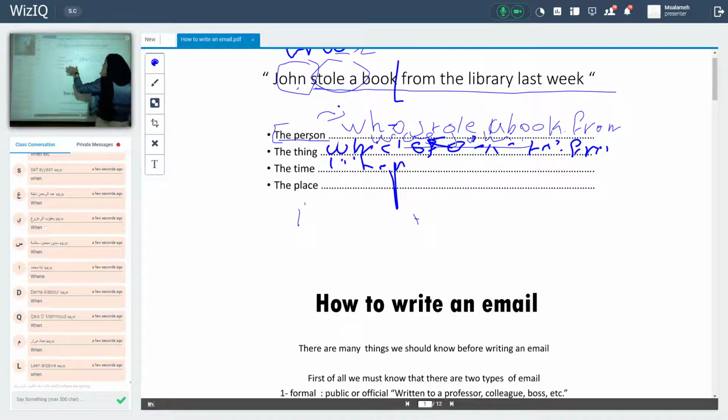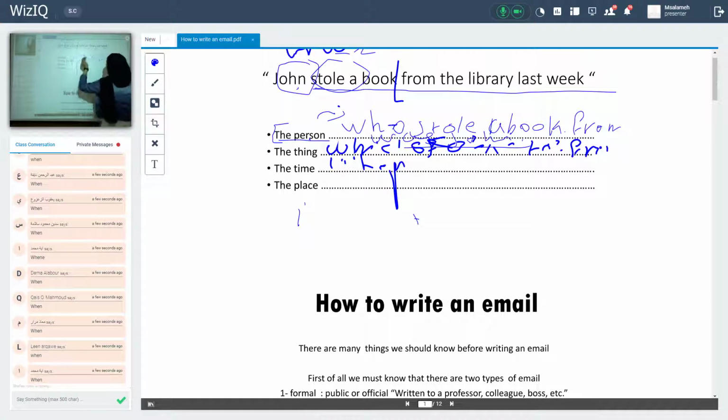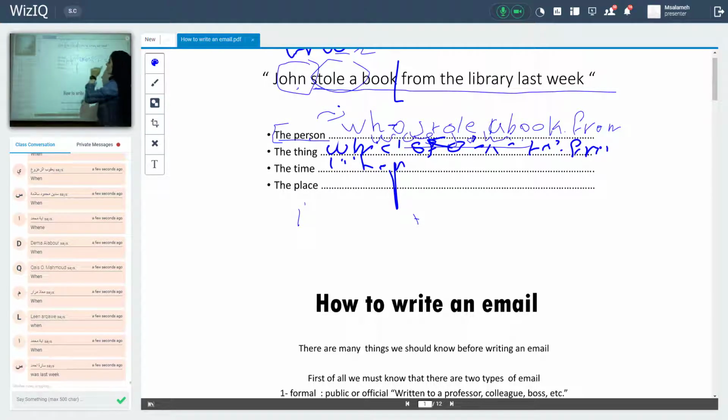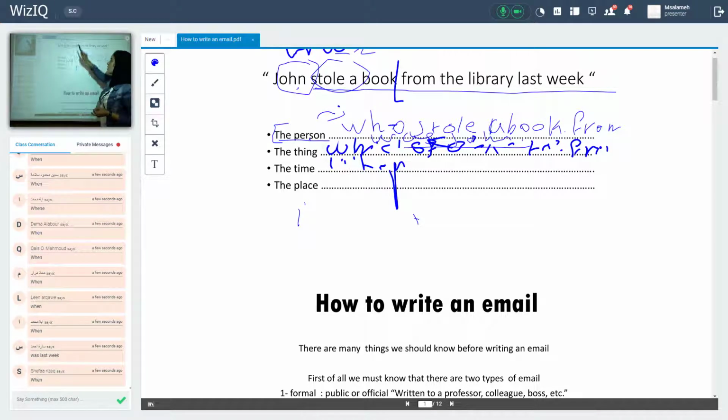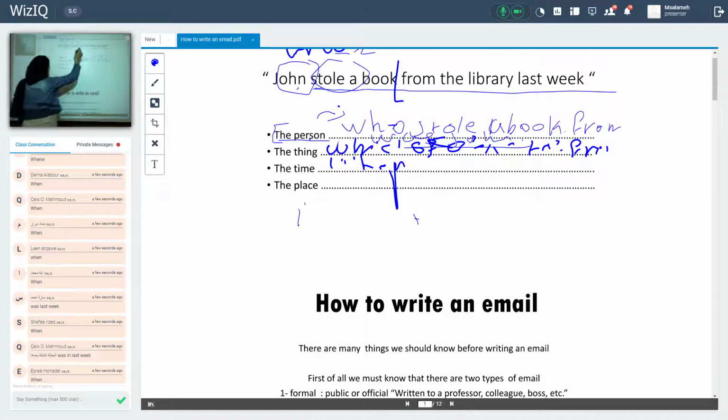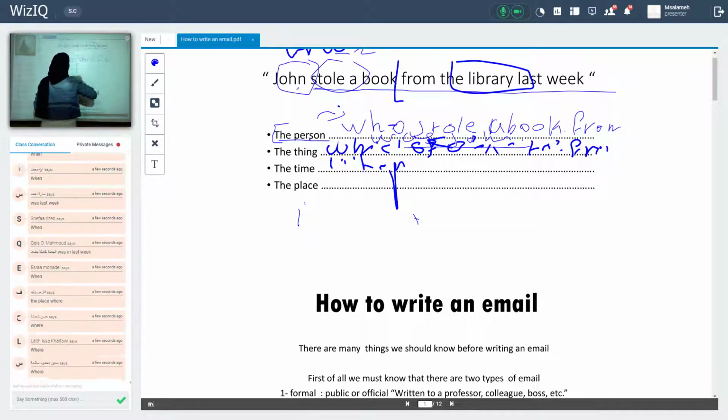The time when John stole a book from the library was last week. The time when John stole a book from the library was last week. The place here, I have this place.